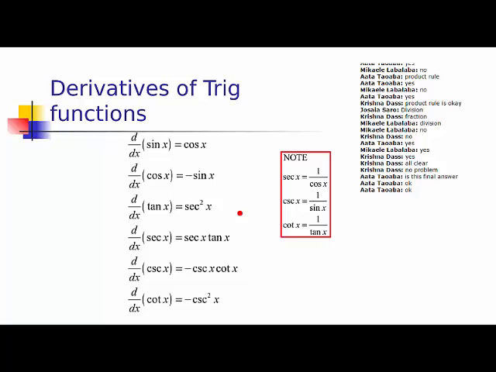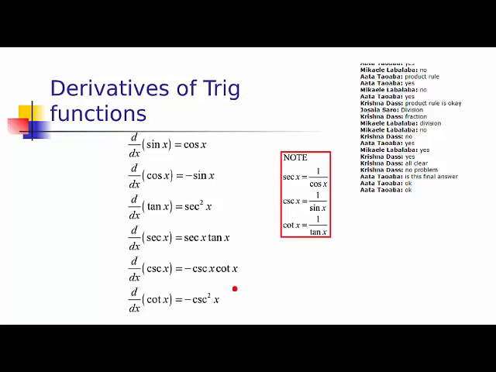Now, everyone's favorite, the derivative of trig functions. So you need to know that when we differentiate sin x, it gives us cos x. When we differentiate cos x, it gives us negative sin x. And so on.